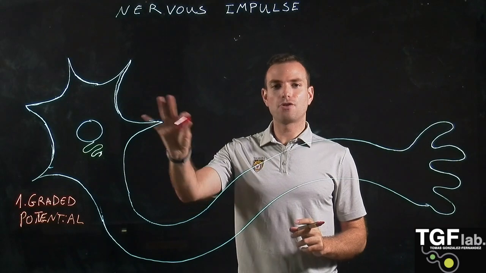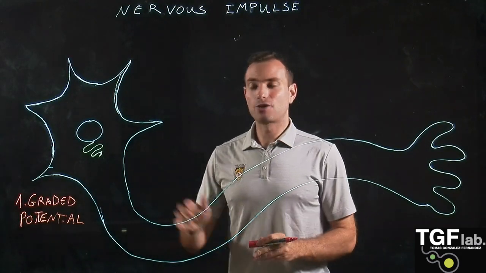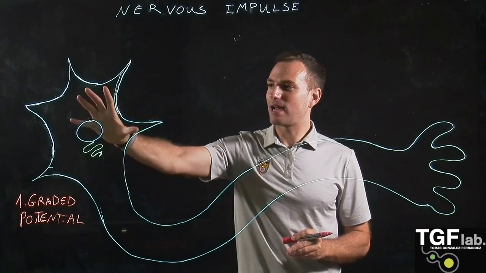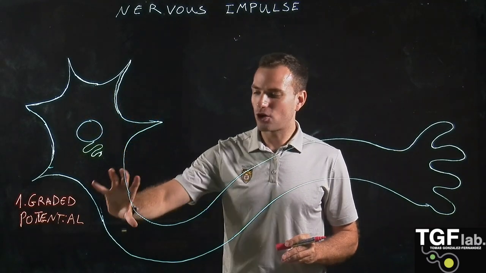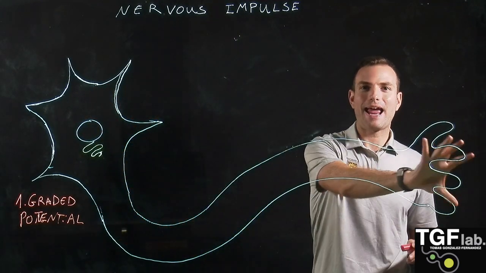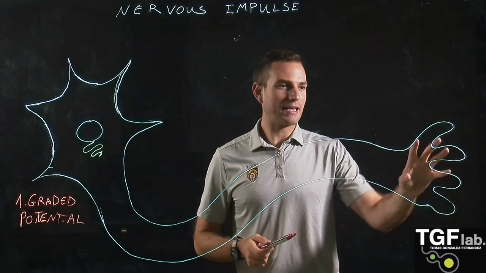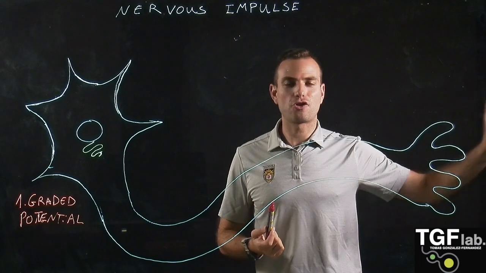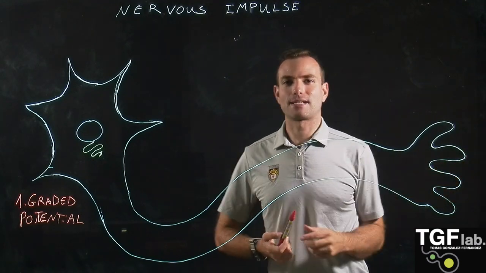And then there is another process that is going to take this graded potential that is originated here in the body and conduct it until the axonal terminal, where all the neurotransmitters are going to be released in order to excite or inhibit the next neuron.